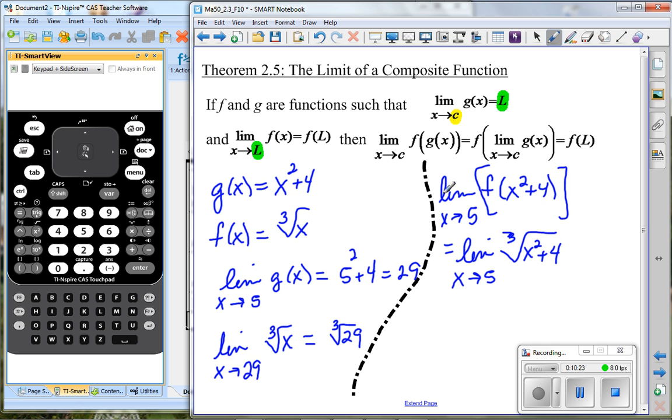Now remember, look what I'm doing. I've got the direction I have. I'm still telling myself I'm working for a limit. Here it is, I'm working toward a limit. At this point, though, I am going to take the limit by using direct substitution. And the answer is going to be the cube root of 29.